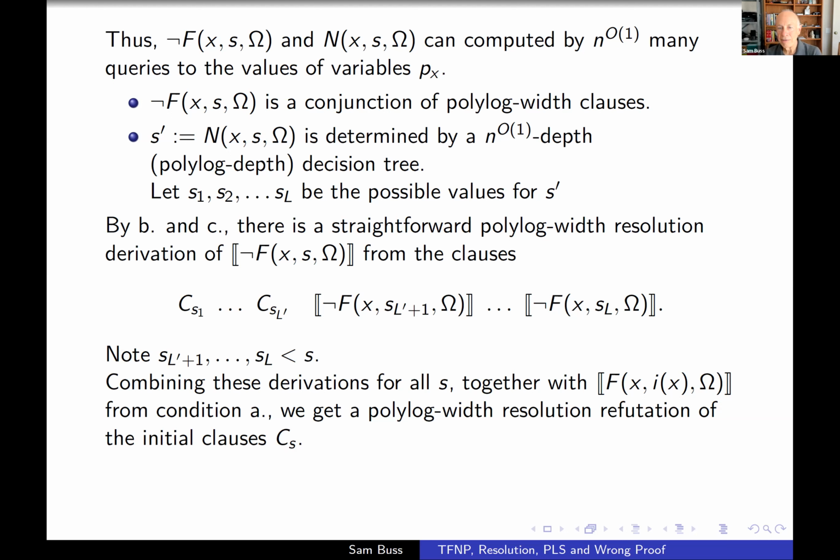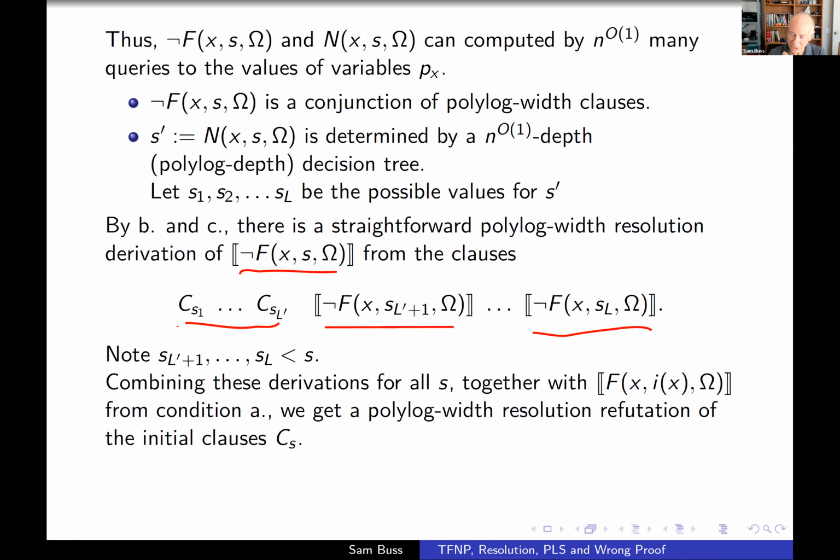And if we have the assertions that the clauses are true and the other ones are not feasible, then a straightforward resolution derivation gives us that not F(X, S, omega) holds. So that's actually rather straightforward.